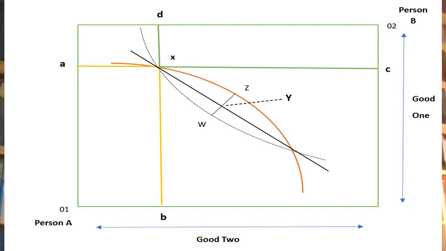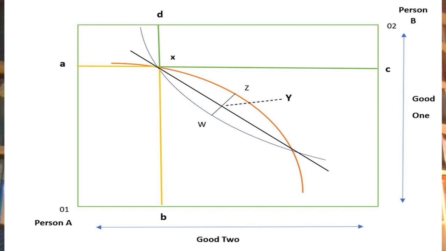Person A can swap good 1, of which of course they have a lot, for good 2 from person B. The black diagonal line shows a possible trade line, with person A giving good 1 to B, in return for B giving good 2 to person A.